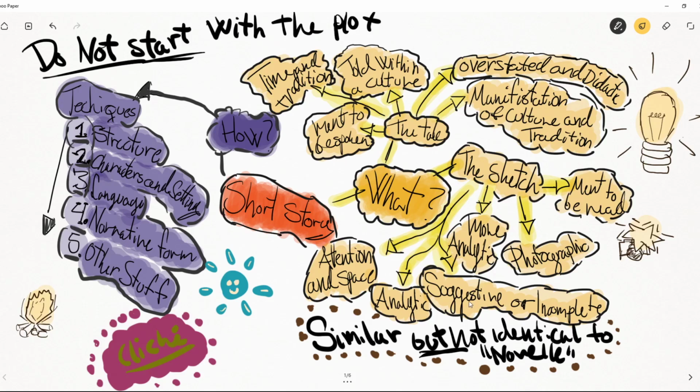You should only come with suggestions as to how you should interpret it, and that is in opposition to the tale, where it should be overstated. So if you're trying to say something, just suggest it.